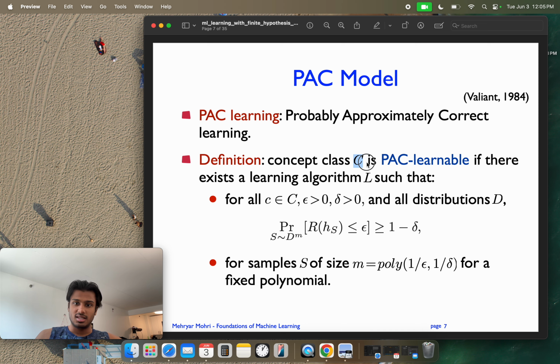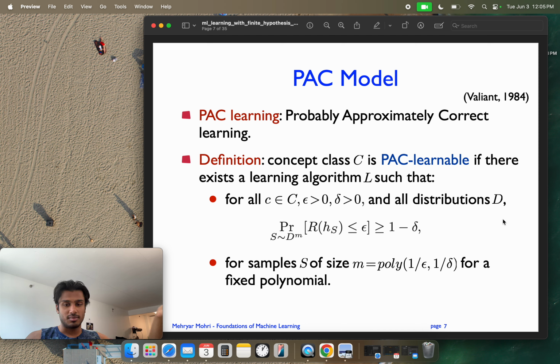This concept class C is PAC learnable if there is an algorithm L which takes a sample and a concept class that we need to learn, and this holds for every concept in that concept class. So I gave you a sample and there is a concept which is hidden from you.